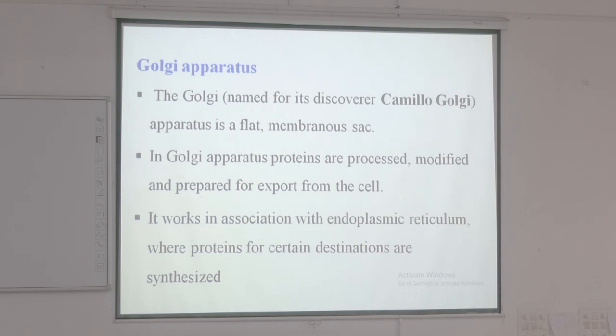If you see the function of proteins, there are several functions: catalytic function, transportation functions, immunology. All these are proteins. Okay? So these subcellular organelles are important for synthesizing proteins.